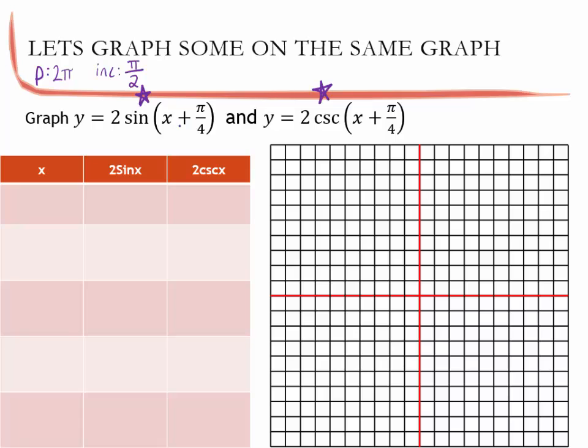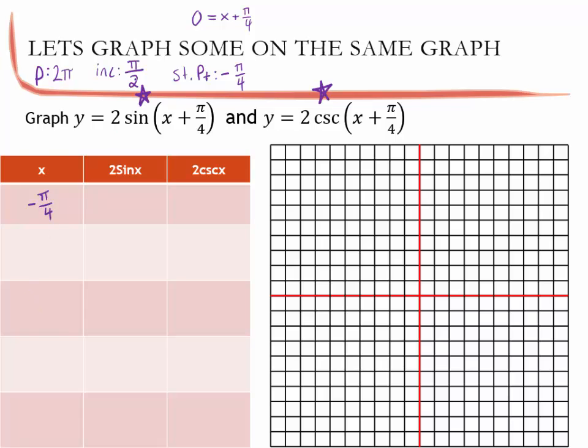Well, we do have a shift. Now, our value is going to be back pi over 4, but it's always nice to do it the way I've taught you, which is you set 0, our original starting point, equal to x plus pi over 4, and see where we end up. And we end up at a starting point of negative pi over 4. So we're going to do negative pi over 4.